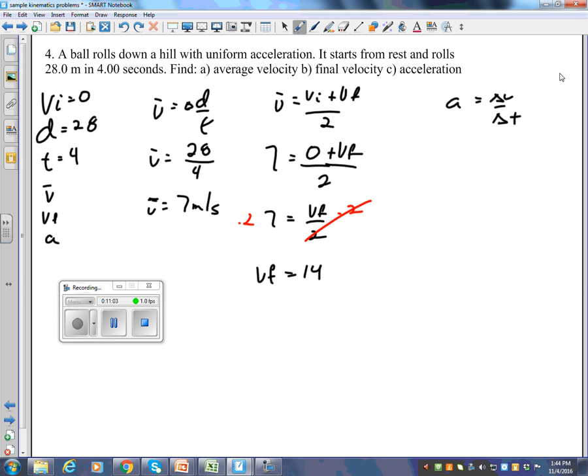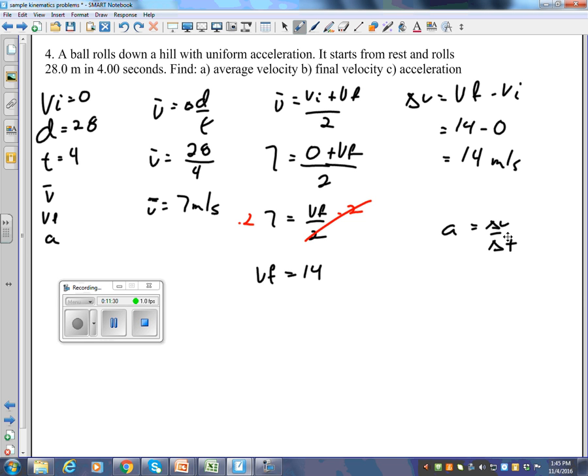So how do I get the change in velocity? Change is going to be VF minus VI. Change in velocity, how much it changes, is from the initial to the final, or final minus initial. So that's going to be 14 minus 0, which just happens to be 14.